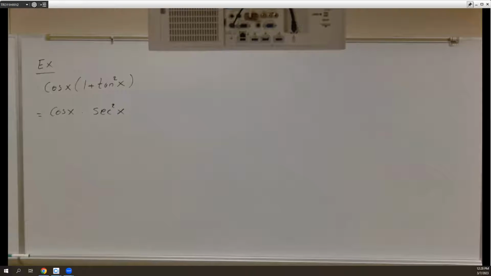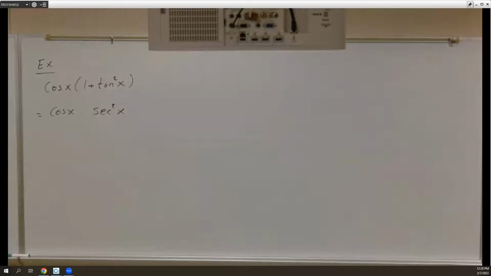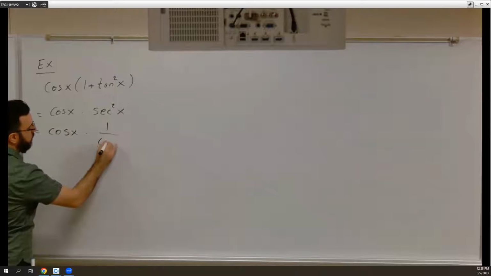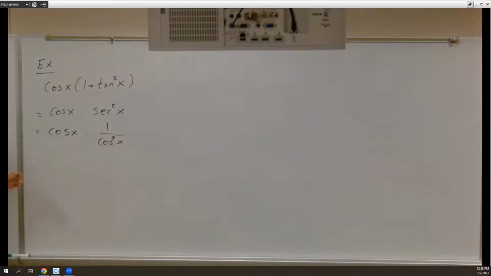Okay, now let's go back to the secant. Secant is equal what? 1 over cosine, but be careful. It's a secant square. So you're going to say, okay, this is cosine x times secant is 1 over cosine square x. How many cosines do you have here? 2.